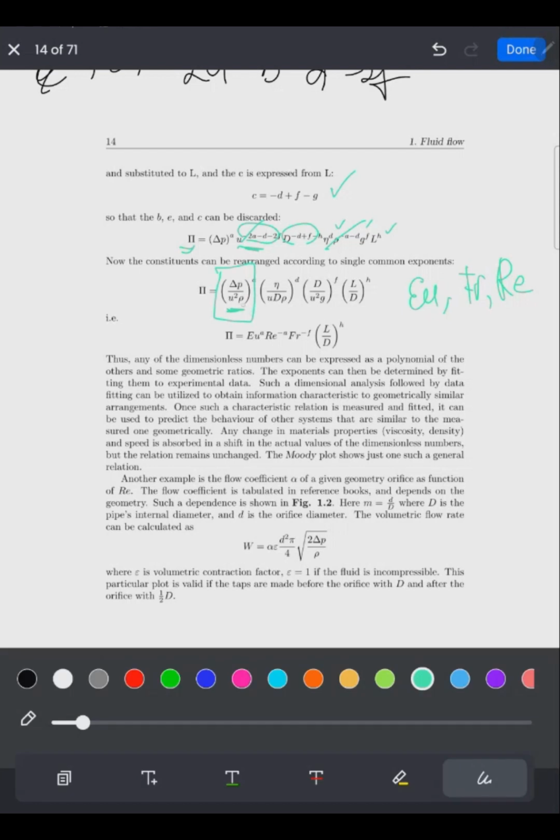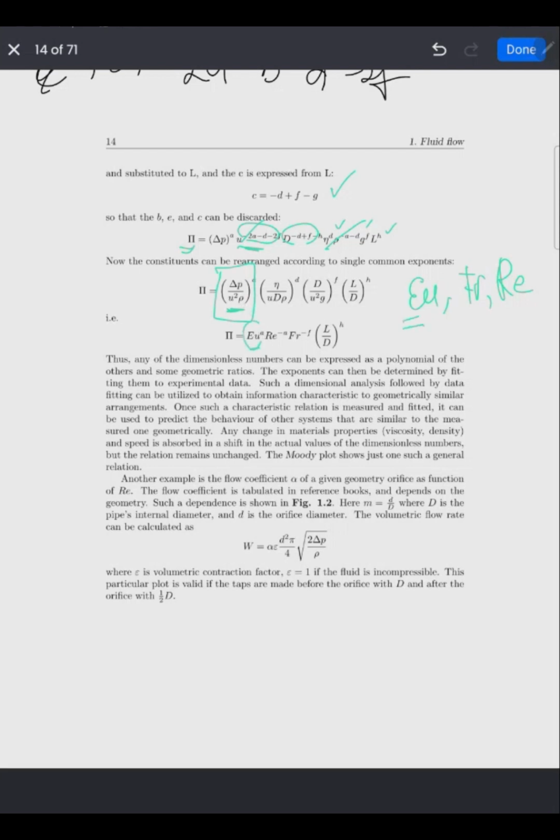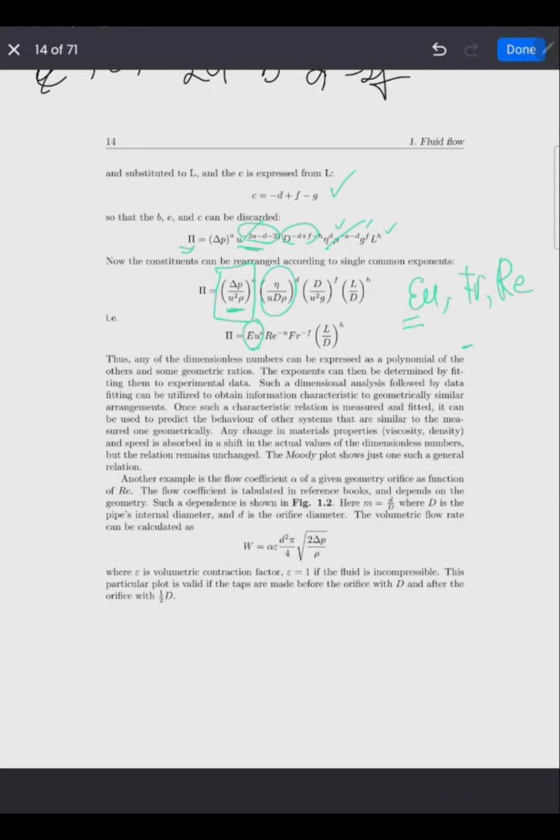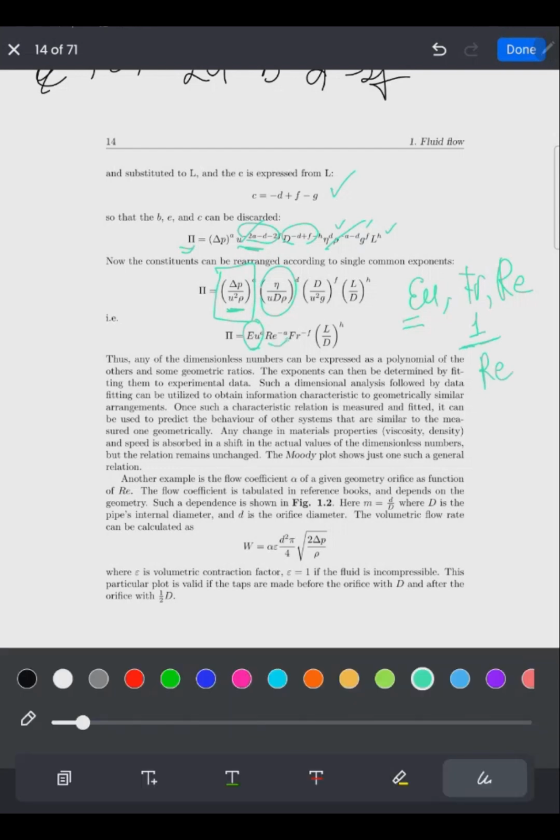At this point, you may stop the recording and write this by yourself, and then you can check your answers with mine. All of these equations will be very helpful in order to find out what B, E, or the other terms are. For example, we can express B and E from the time and mass perspective.